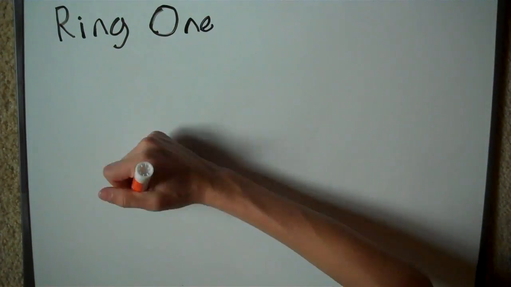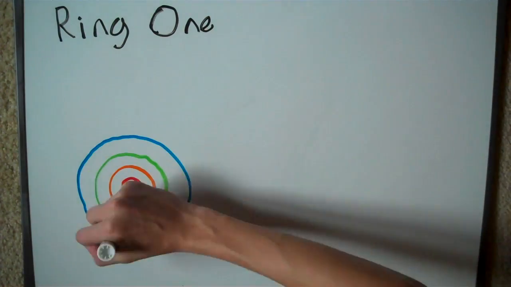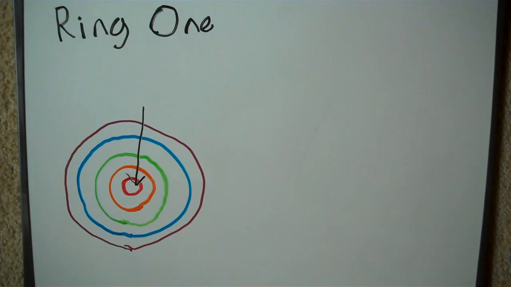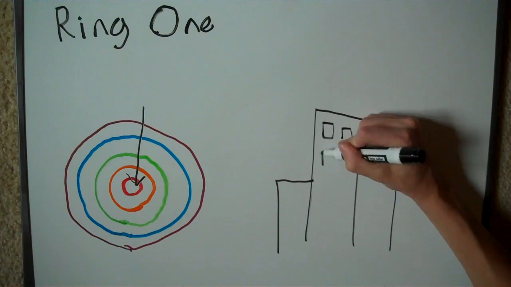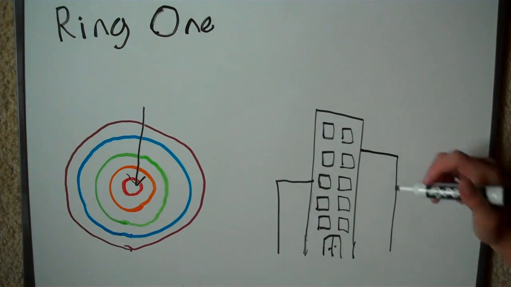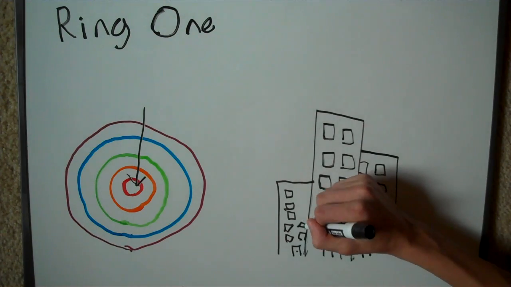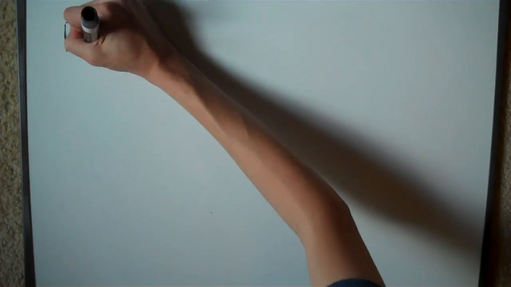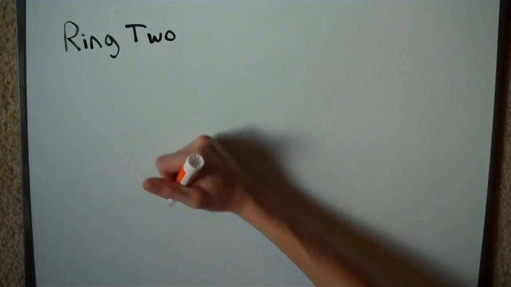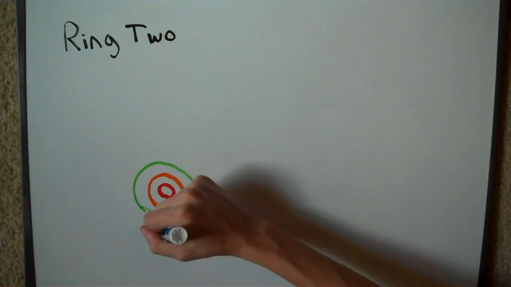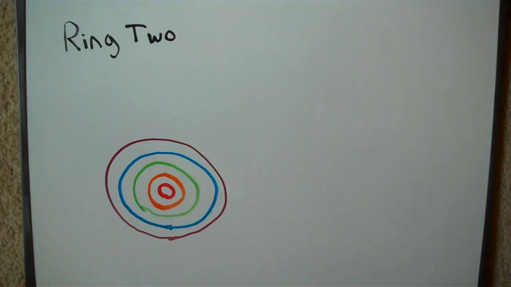Ring 1, also known as the Central Business District, or CBD, is in the very center of the model. This is where all non-residential activities take place, such as retail and office. This is where the businessmen go for their jobs. Ring 2, also known as the Zone of Transition, contains industry and poor quality housing, often public housing.